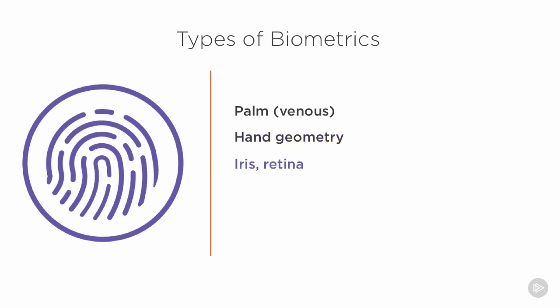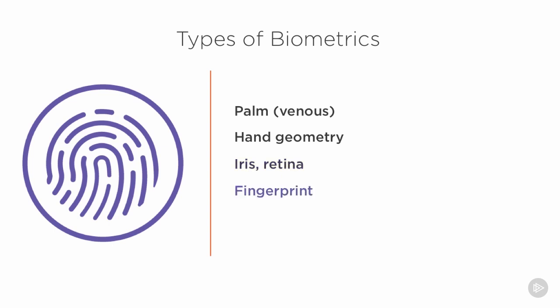The iris, of course, is the colored portion around the pupil of the eye. This is often picked up using a camera, and is far more acceptable to most users than a retina scan. A retina scan is actually looking into the back of the eye and capturing the image of the blood vessels on the retina.